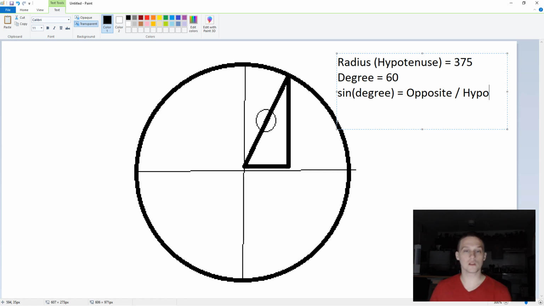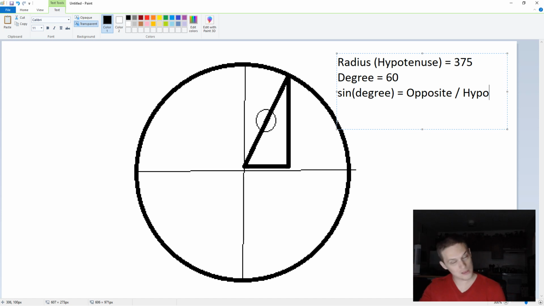So when we do sine, the information we need is the inside degree, which is 60. We know that. We know the hypotenuse, which is 375. We have an unknown variable, which is easy to solve.